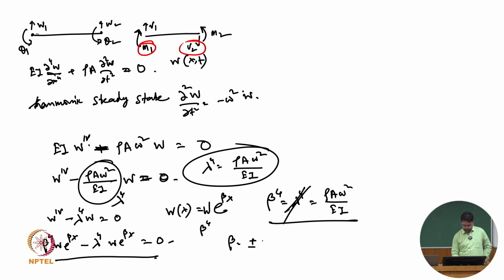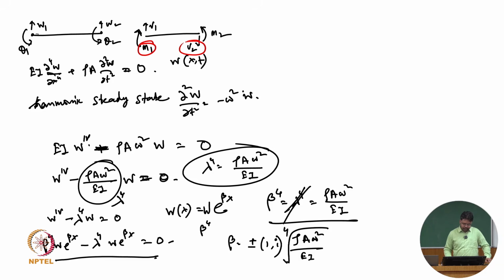Plus minus 1, plus minus i, times the fourth root. One case it will be multiplied with 1, another case it is multiplied with i, and there will be another 2 cases, plus and minus of that. Make sense? So these are the 4 different values of beta we can get from here.